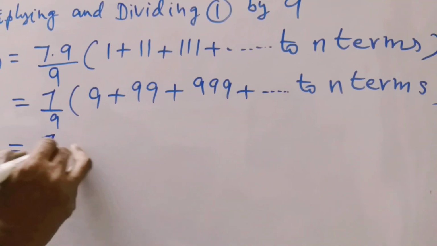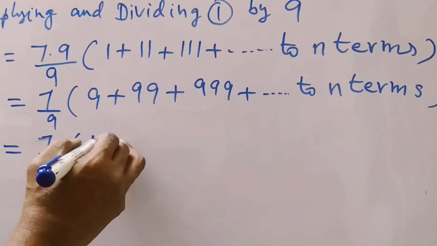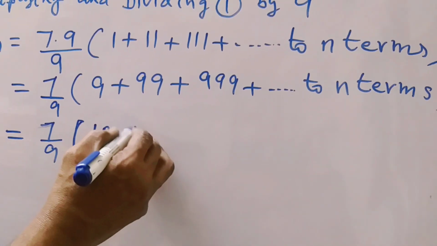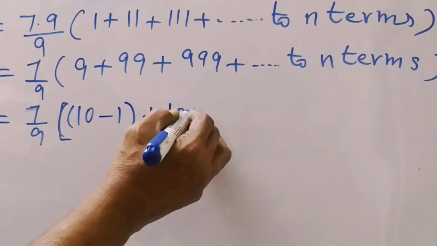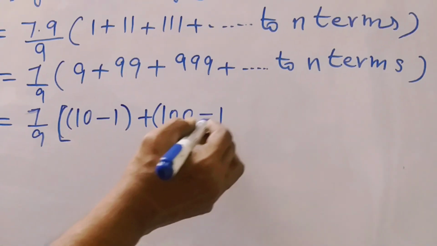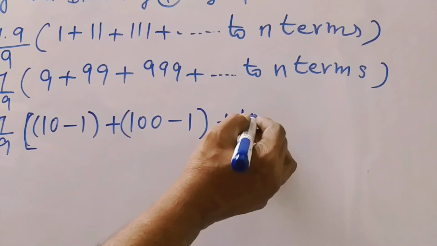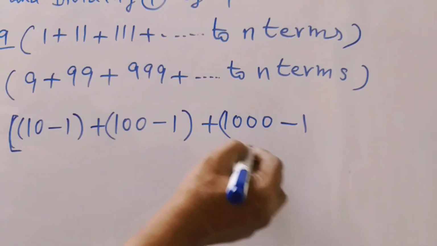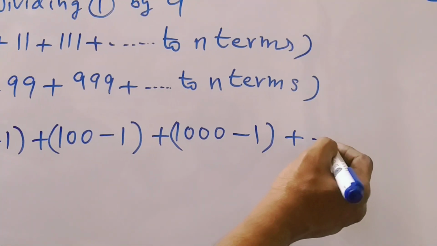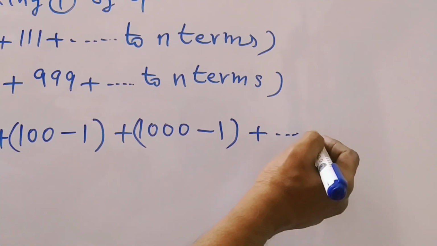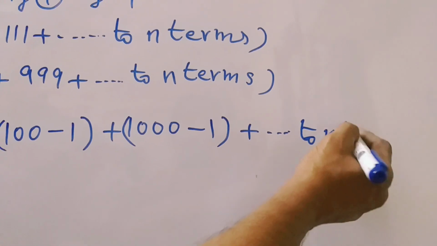So, 7 by 9 of (10 minus 1) plus (100 minus 1) plus (1000 minus 1) plus and so on up to n terms.